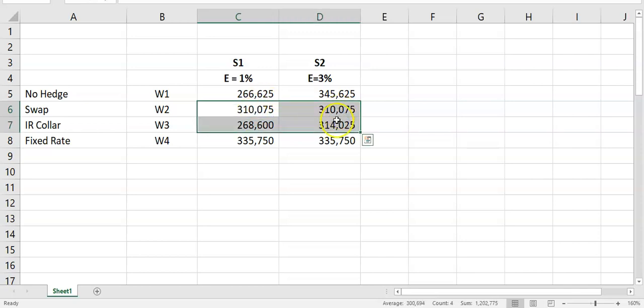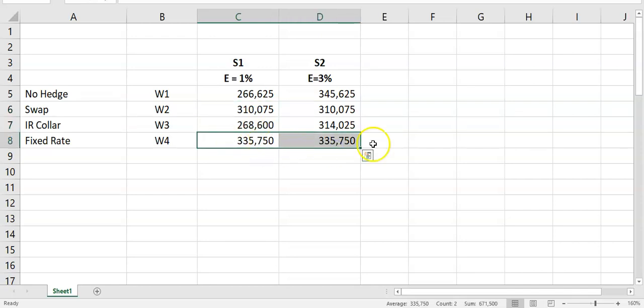And if you look at it, for possibly 4 grand extra in scenario 2, you could save an awful lot of money in scenario 1. So really, on the balance of outcomes, the best value for money here looks to be the interest rate collar. It certainly isn't the fixed rate, because that's dominated in both scenarios by the swap. Then you're tossing up a guaranteed 310 for a high at 314 or a low at 268. And the benefit here for the collar outweighs a lot of the small increase that you might have in scenario 2.